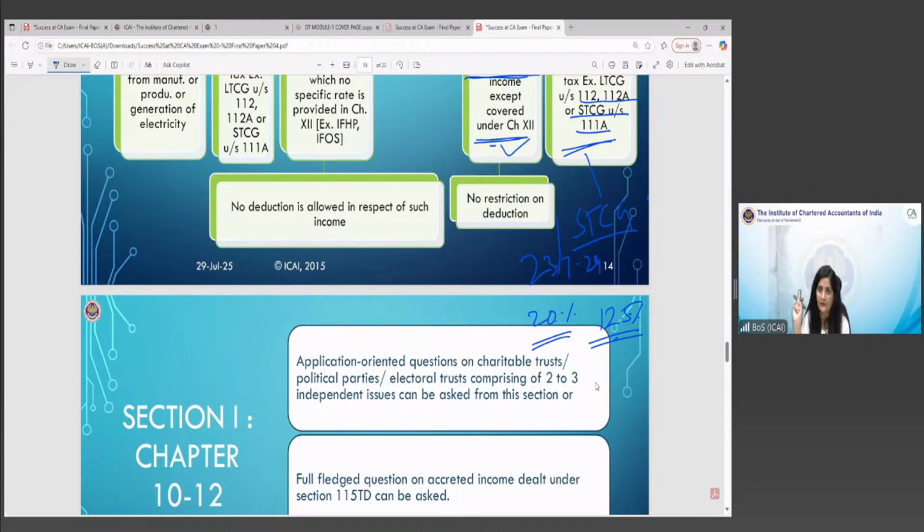It is beneficial at the rate of 20% applying the indexation benefit, or is it beneficial applying this 12.5% without indexation. ठीक है, they have done this. अब ये benefit आप compare करोगे, we will compare and pay the tax as per the beneficial regime.